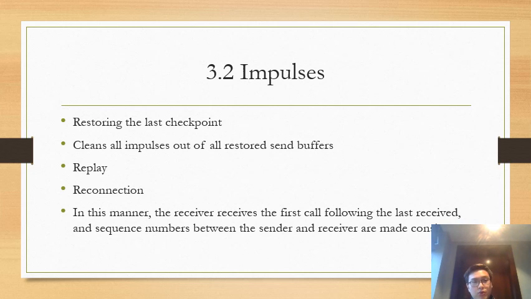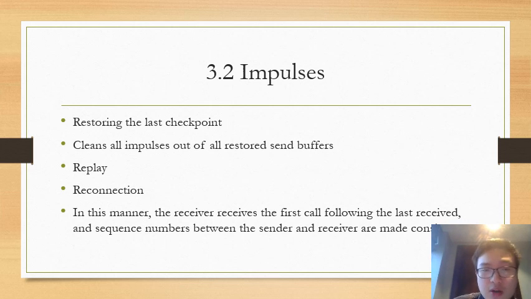Then it will do replay. After replay, it is reconnection. During reconnection, the receiver will send both the replayable and the total sequence number to the sender, and the sender then begins replay from the call following the last received replayable message, and sets the total sequence number for that message to 1 plus the received total sequence number.